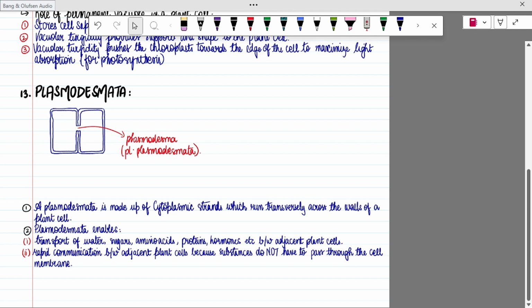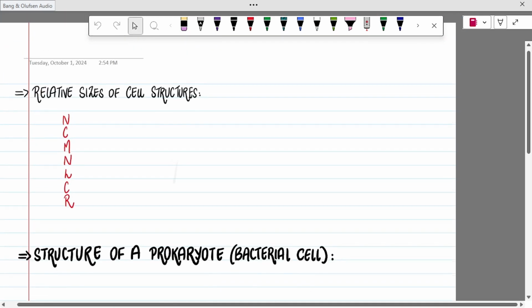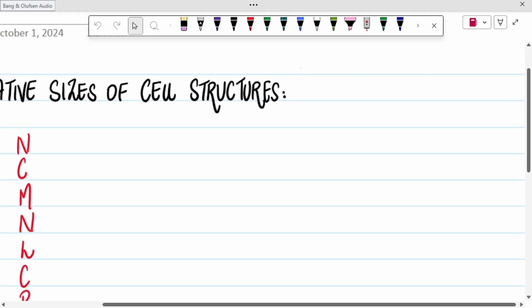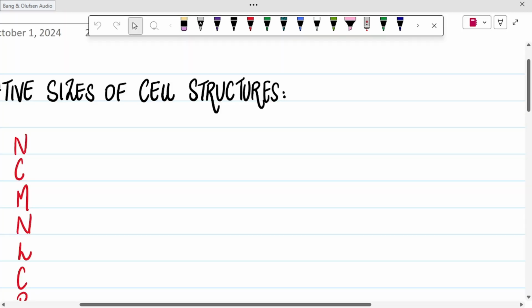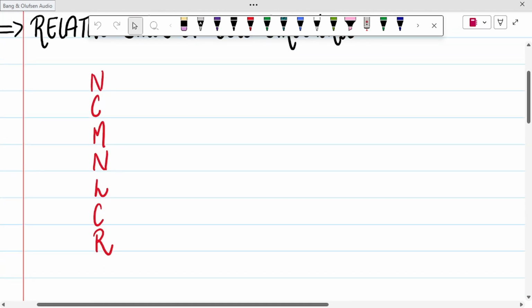Now, before we conclude the class, let's look at the relative size of cell structure. This is again a P1 paper 1 pointer. पेपर वन में आपसे पूछा जाता है कि कौन से सेल स्ट्रक्चर का साइज सबसे बड़ा होगा, कौन से सेल स्ट्रक्चर का साइज सबसे छोटा होगा. To make this easier for you, there is a trick you can learn directly. And वो ट्रिक क्या है?